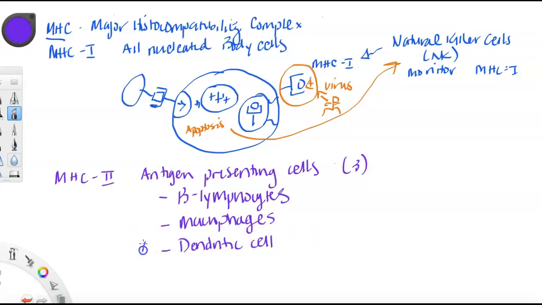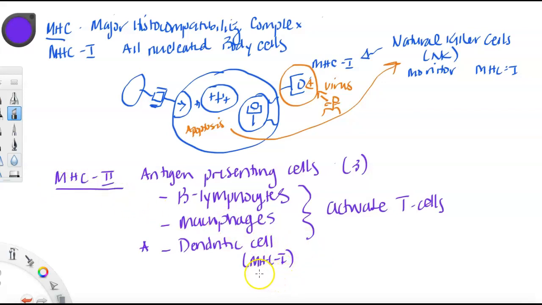And dendritic cells are special because they have MHC2, so they can activate T cells. They also have MHC1. So they are a unique cell in that they have their MHC2 and they also have MHC1. Okay, so they can activate both helper T cells and cytotoxic T cells.